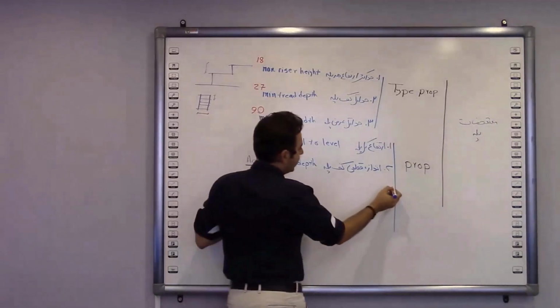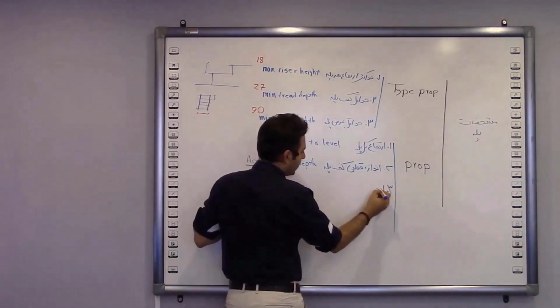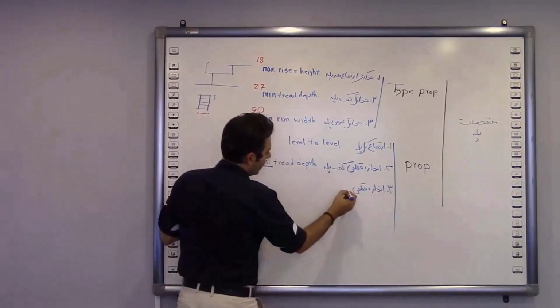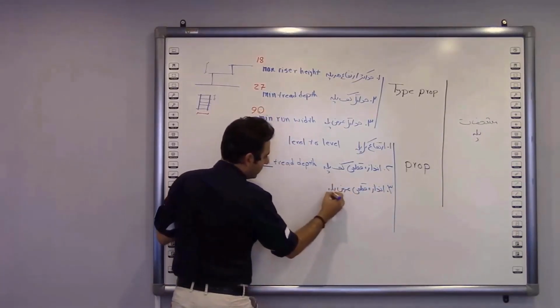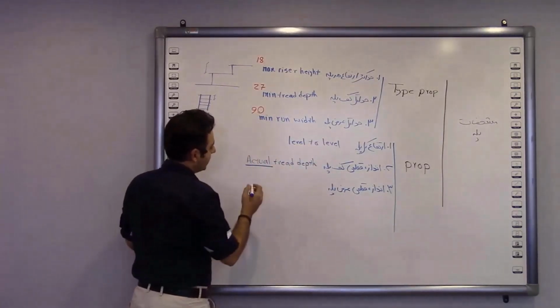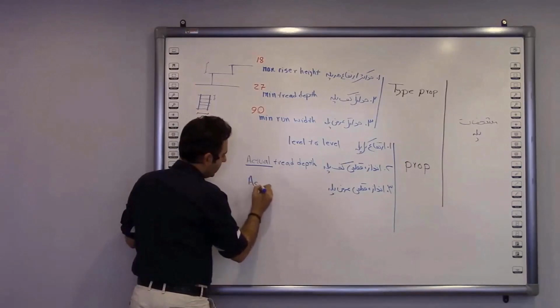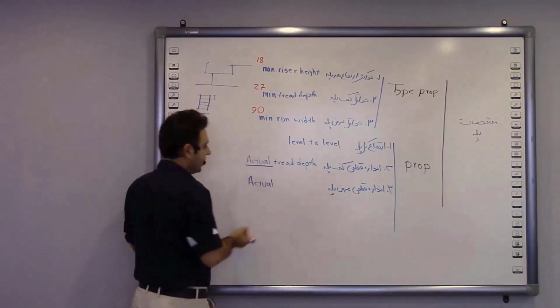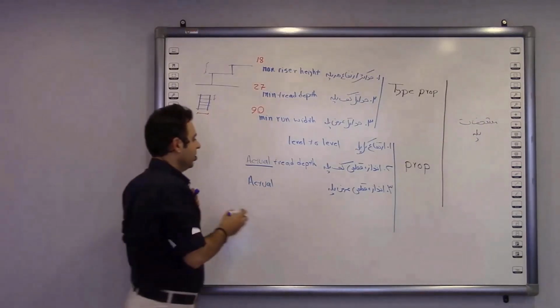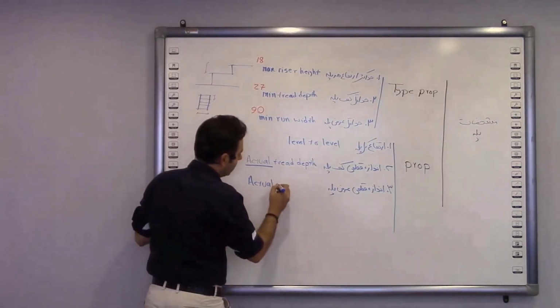Now, 3. The actual run width. Again, actual run width. Actual is actually there. That's what it means.